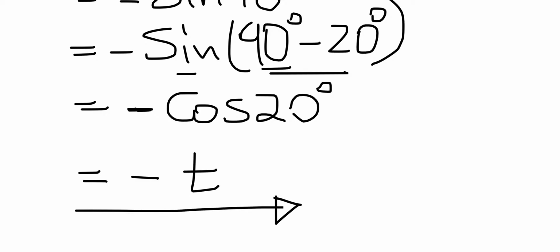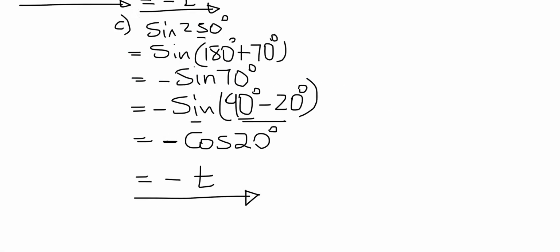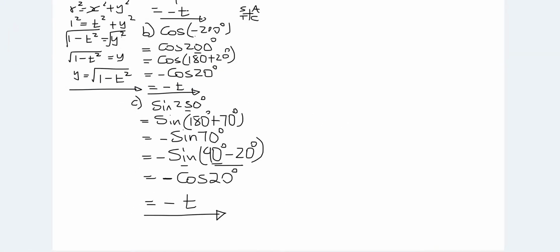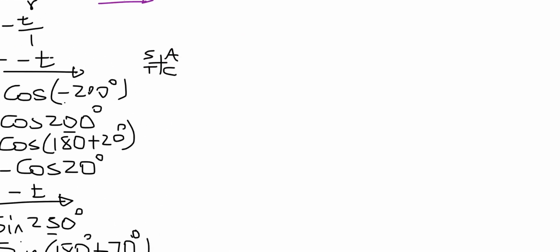I've done a long, lengthy calculation on the first problem, so now I will just write it as that. Same principle, same explanation. No need to refer many times to that diagram.